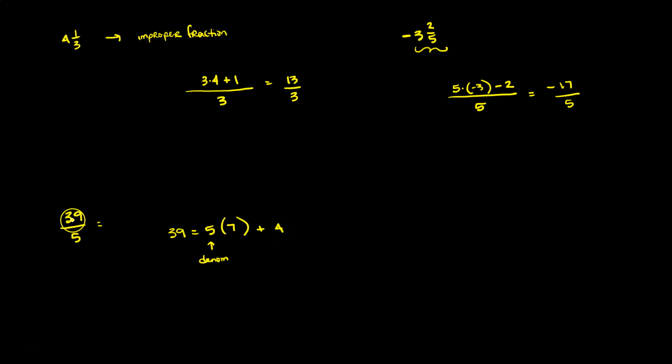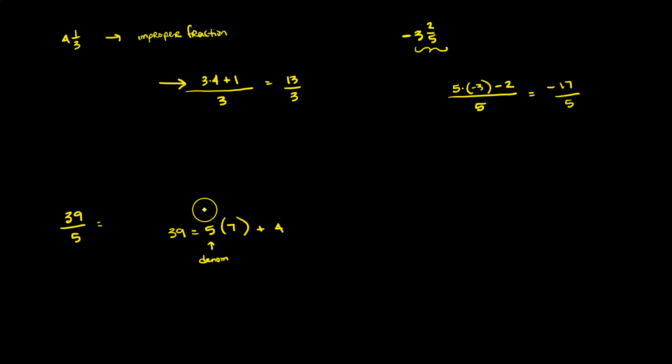So if I can take my numerator and rewrite it using that division algorithm, I can see that it looks really similar to how we took a mixed number and turned it into an improper fraction. So now we're going to reverse it.